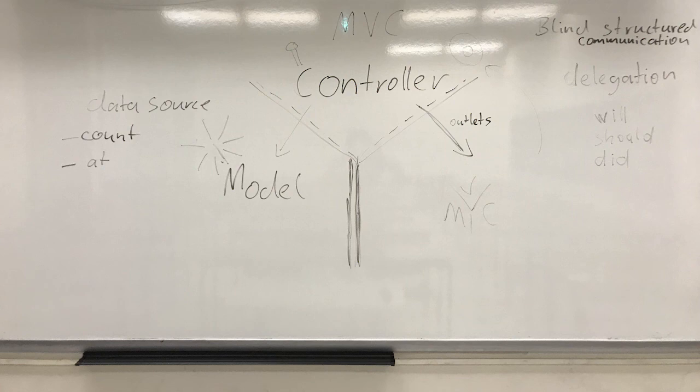Or maybe, we made an appointment, so now the year controller can list all the appointments down here. And it's all done without the month MVC, which we can use separately somewhere else, having to know about all this part. So it's kind of hidden away. So blind structured communication.